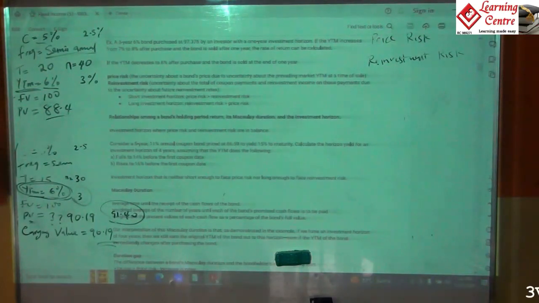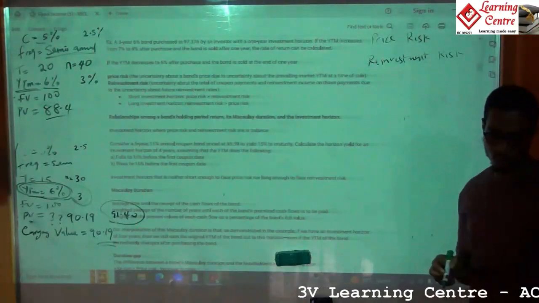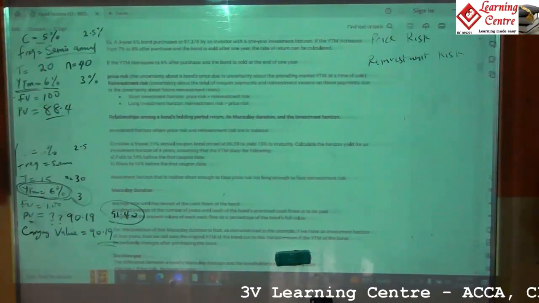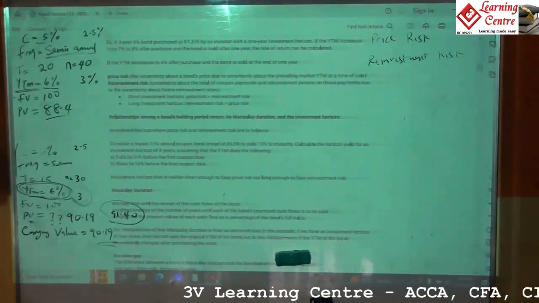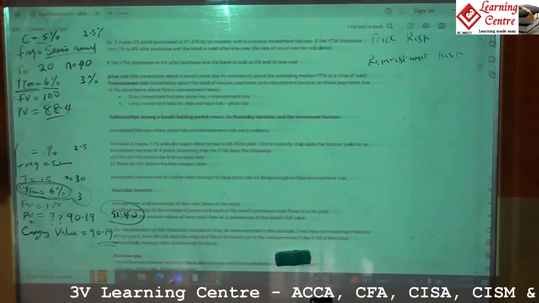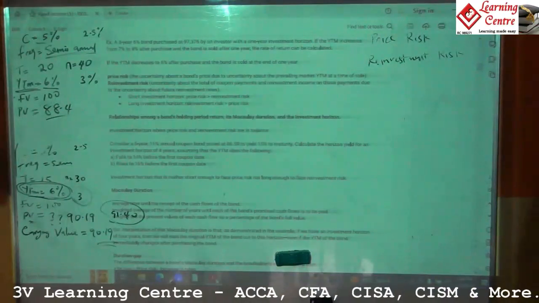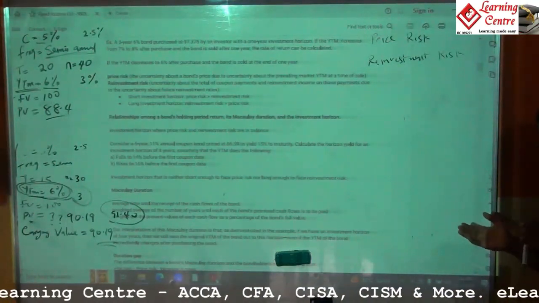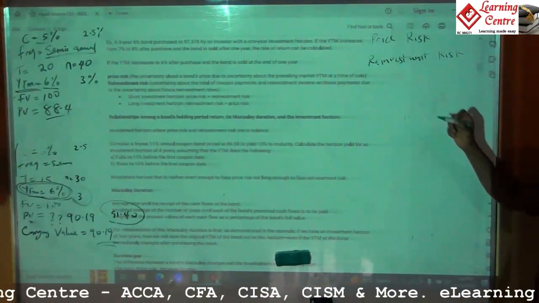You're going to be forced to reinvest at 4 or 5%. That's driving the reinvestment. The rate at which you reinvest affects the performance. That's the reinvestment risk.